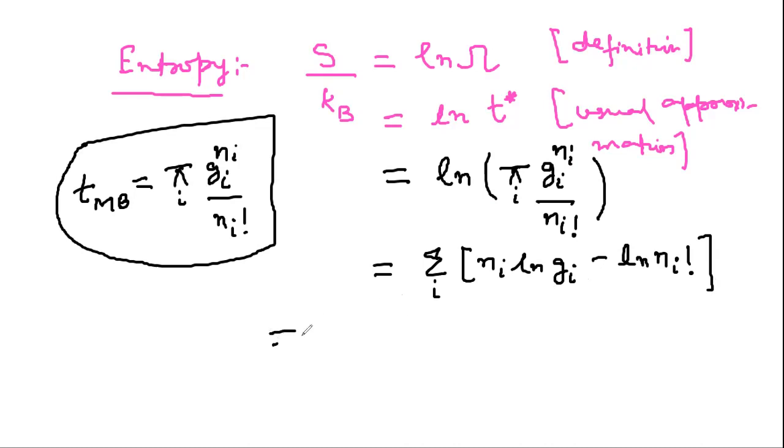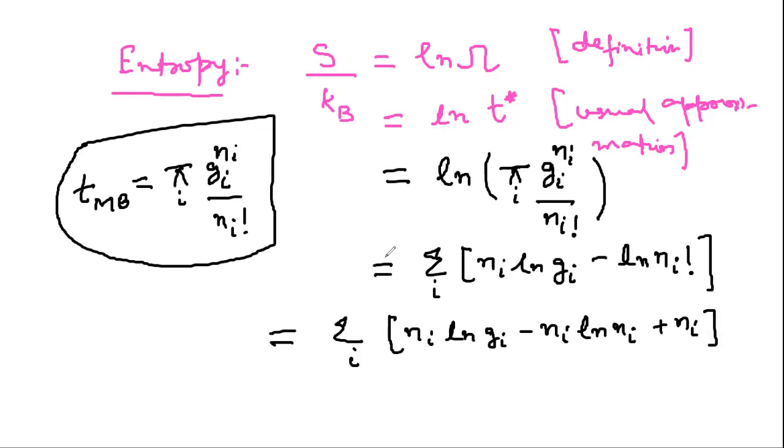Then next step, I write it this way. Let me write it neatly. Summation over i of n i ln g i minus n i ln n i plus n i. What have we done?